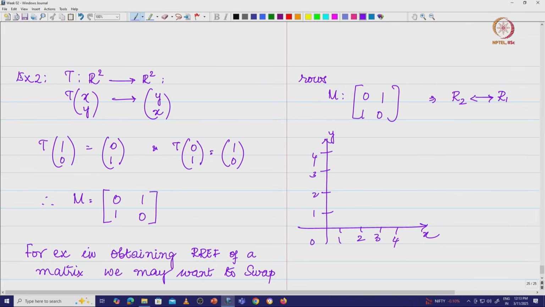This particular transformation takes, let us say, the vector (3, 2), the vector to be transformed, under T of (x, y) equal to (y, x). So (3, 2) now becomes (2, 3). That means it is as if I have put a mirror along y equals x, which reflects the point (3, 2) to (2, 3). So this transformation is essentially a reflection about the line y equals x.